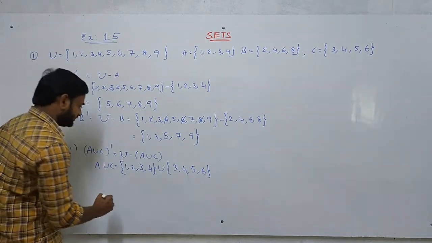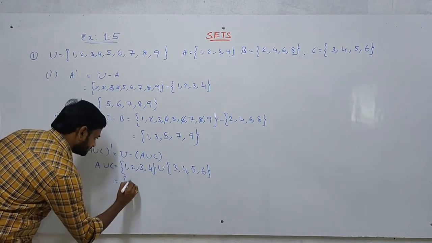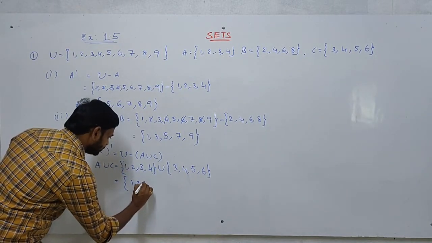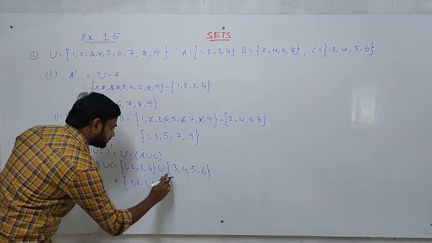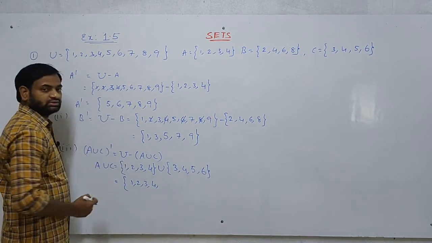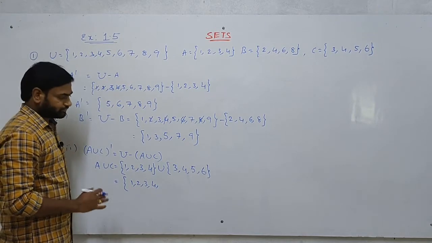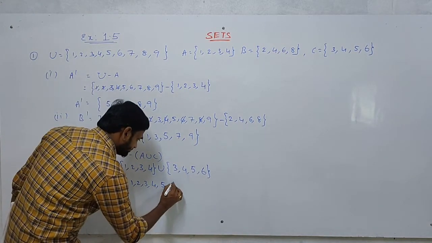Now take the union of these two. That is 1, 2, 3, 4; 3, 4 are already there, don't write again. Remaining is 5, 6.